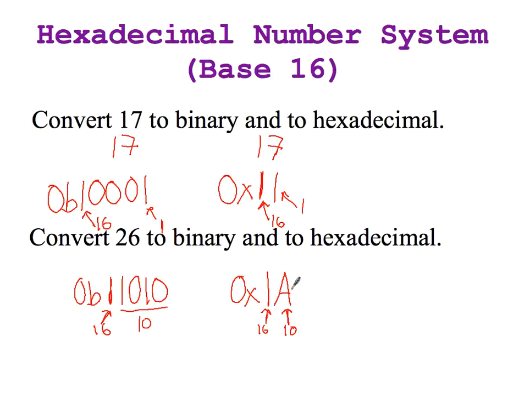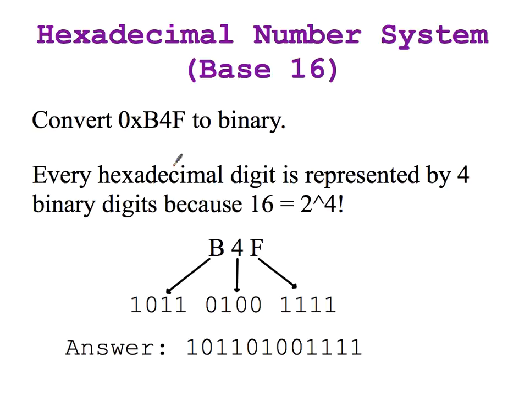And so if you know the binary representation of each hex digit, then you can just write those in a row and you actually get the value that you want. So let me show you what I mean by that. Let's convert the hexadecimal value B4F to binary. Well, the beautiful thing about hexadecimal is, again, each hex digit contains 4 binary digits inside it.